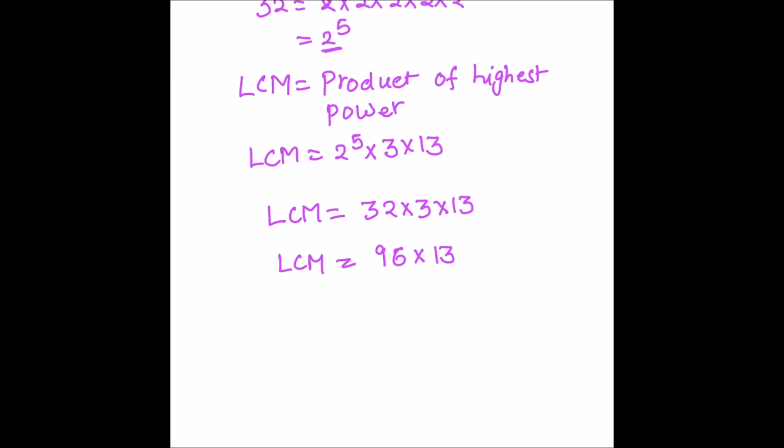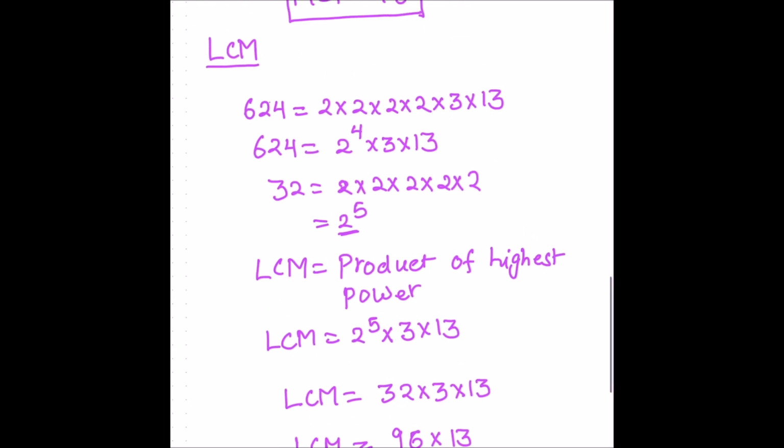Let's multiply the two numbers. So 13 times 6 is 78, 8, and 7 will be carried over. So 13 times 9 is 117. 117 plus 7 is 124. So the LCM of 624 and 32 is 1248. So this is our final answer.